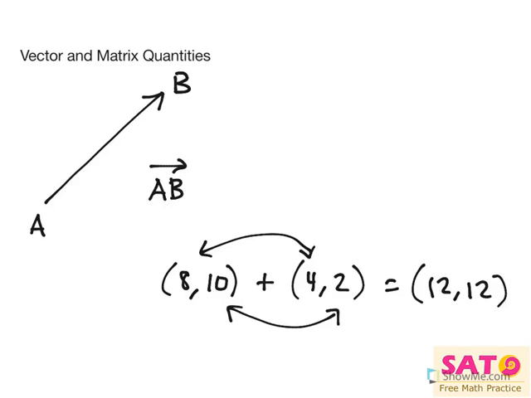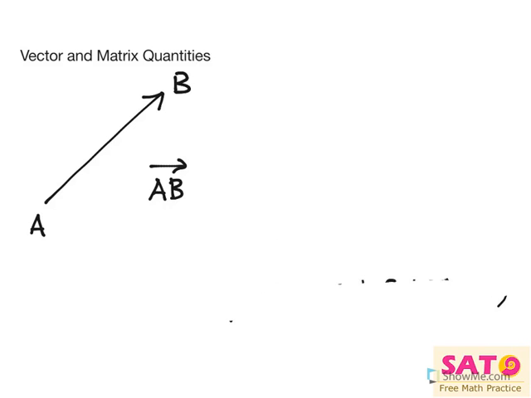We can also subtract vectors, which would be the same thing. And let's go to multiplying vectors. So we would multiply vectors by a real number, which is called a scalar in this case. So if we would want to multiply a vector by a scalar, what we would do is kind of write it like this.